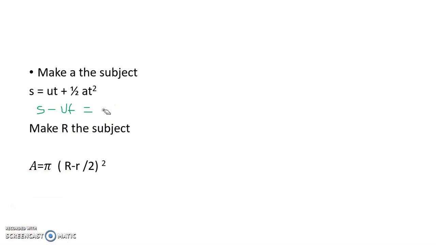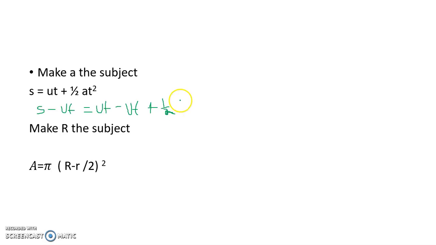So erase this. I don't want to make this video too long. So this is ut, because it's an addition, minus ut. We're just writing back the formula. This is 2, by the way.